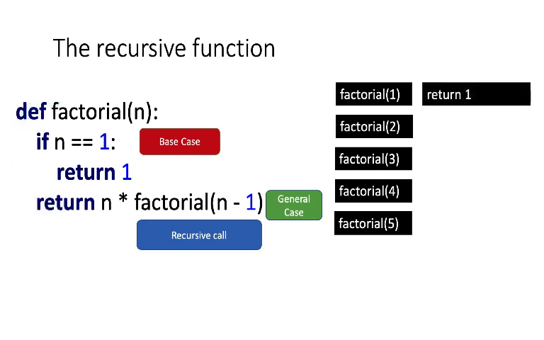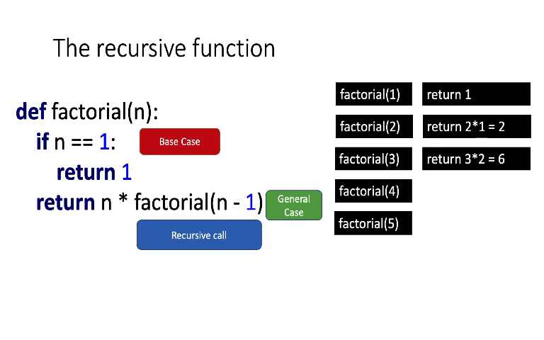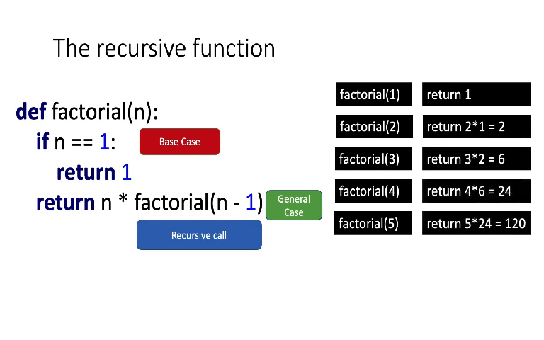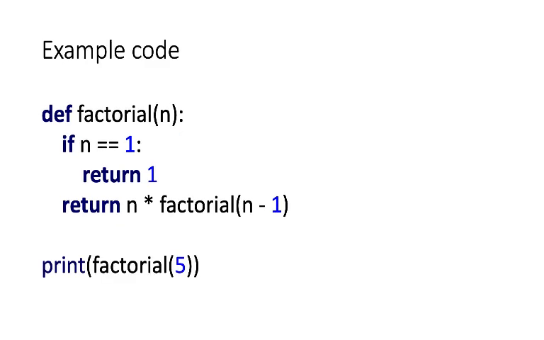So then we get the first return, which is 1. It then goes back and says, right, okay, I've done that, so what do I do? 2, 6, 24. And finally, it will give the user back the 120 answer. So here is your example code. Take a look at it if you like. Of course, there is a link to it in the description below.